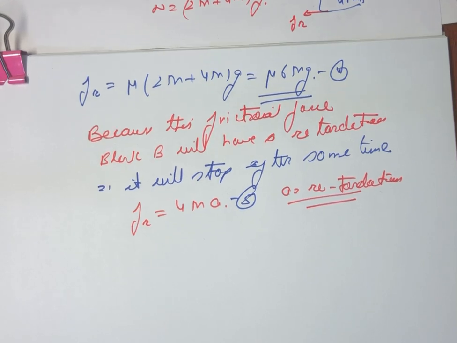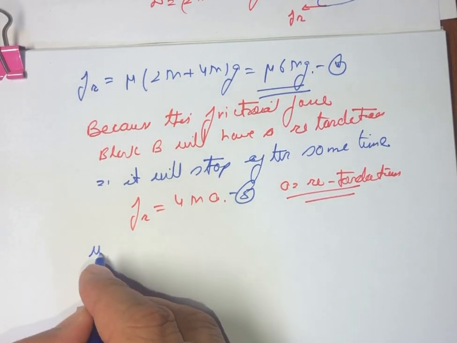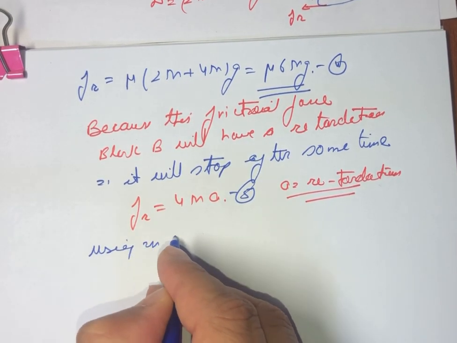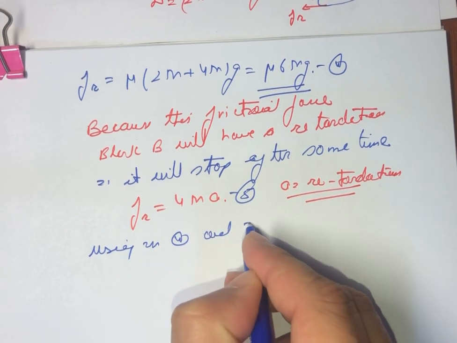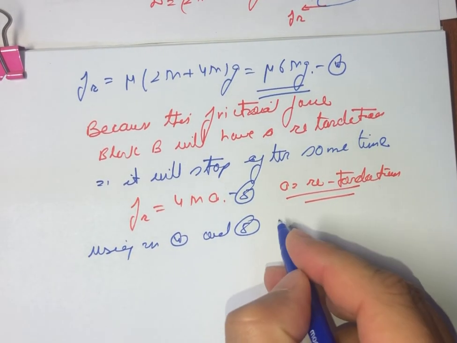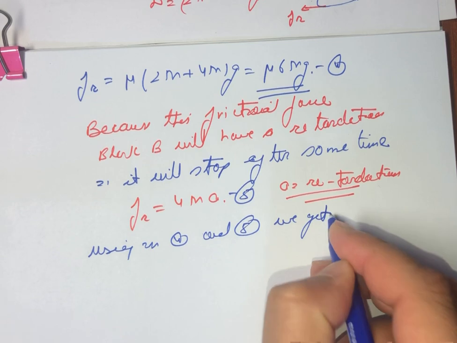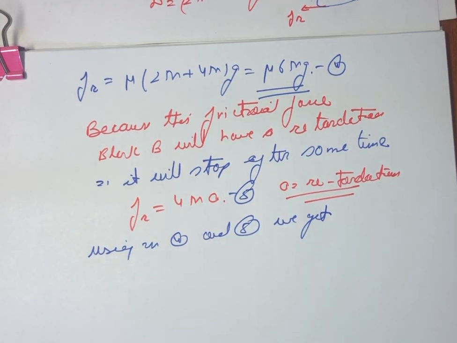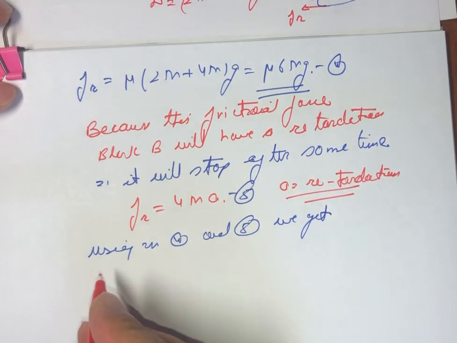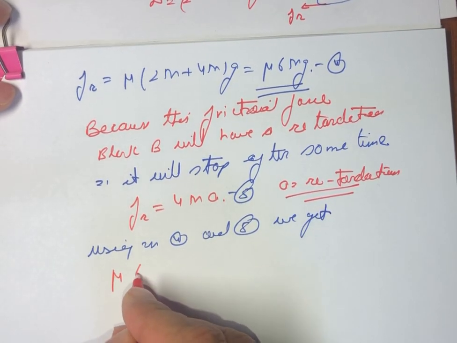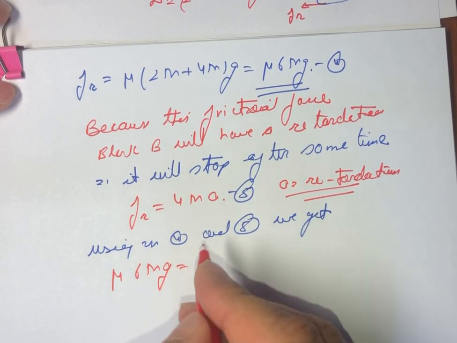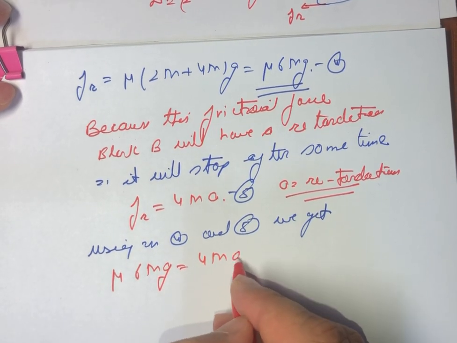So using equations 4 and 5, we get mu 6mg is equal to 4ma.